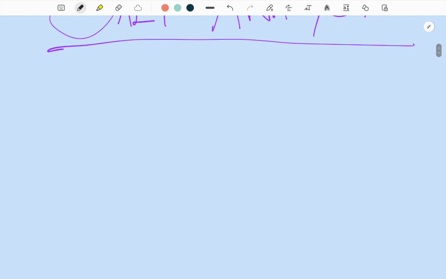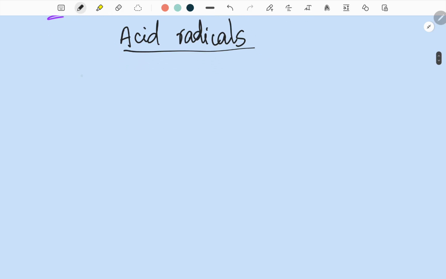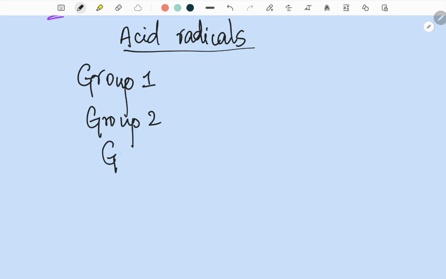So, we need to first understand how we can classify the anions. Now, anions are also known as acid radicals. The classification of acid radicals can be done by dividing the anions into 3 groups, which are group 1, group 2, and group 3.